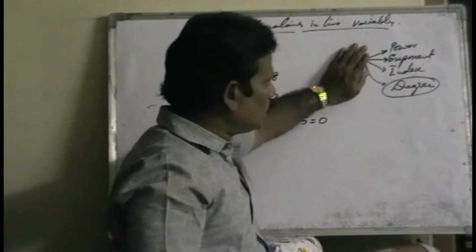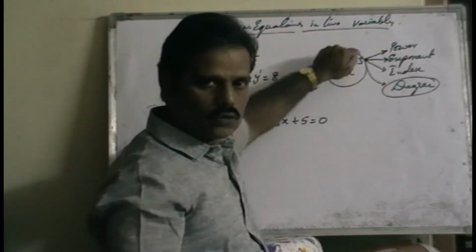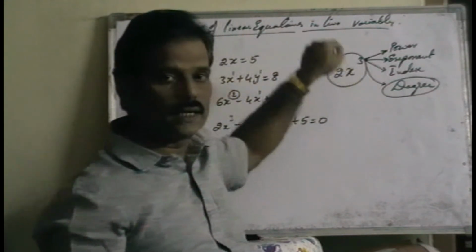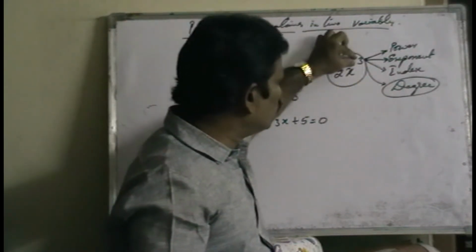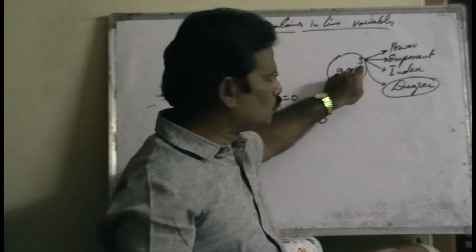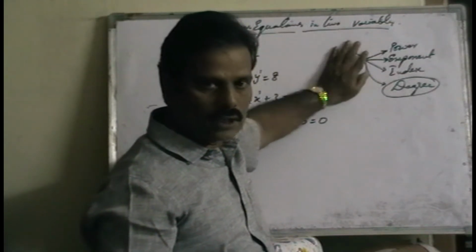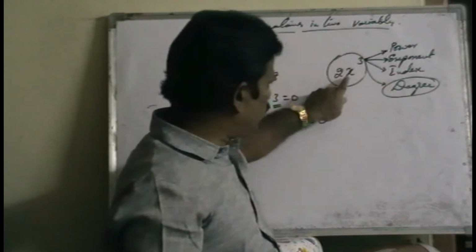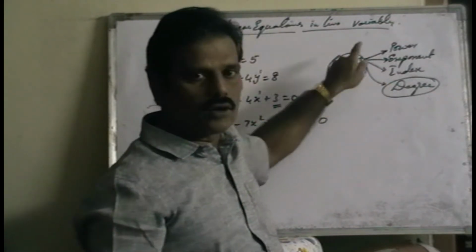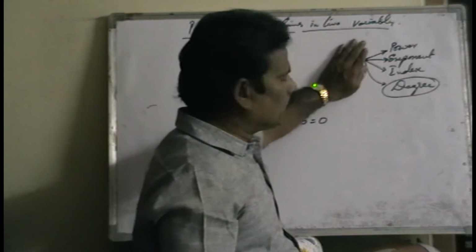This term is a third degree term. 2x cube is third degree, power 3. So it is called a third degree term. But it is not that x itself is third degree. So 3 is not a degree of x. 3 is the degree of this term. But 3 is a power of only x, an exponent of x, an index of x. Here 2x cube is a third degree term.